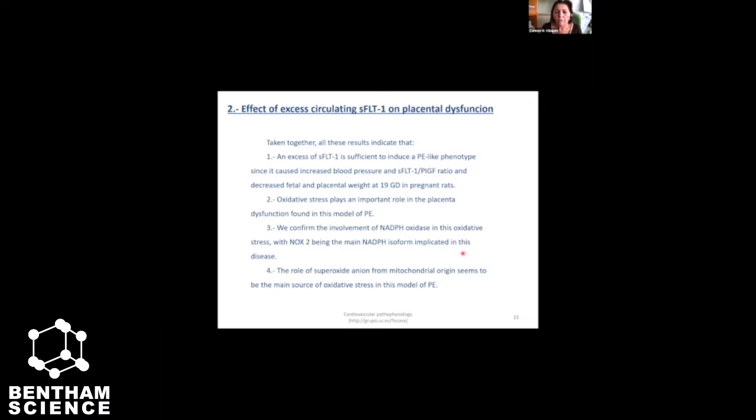Third, we confirm the involvement of NADPH oxidase in this oxidative stress, with NOX2 being the main NADPH oxidase isoform implicated in this disease. And fourth, superoxide anion of mitochondrial origin seems to be the main source of oxidative stress in this model of preeclampsia.